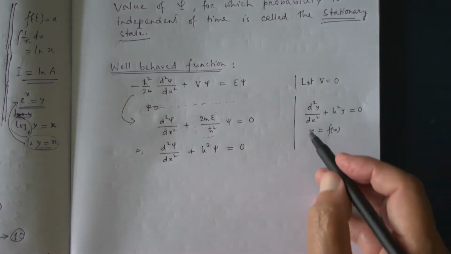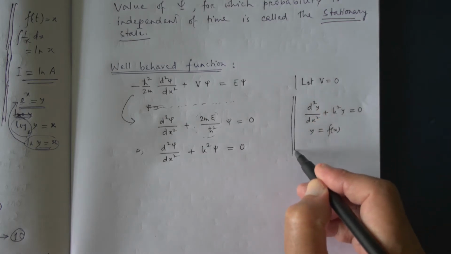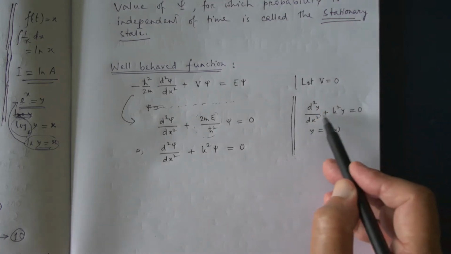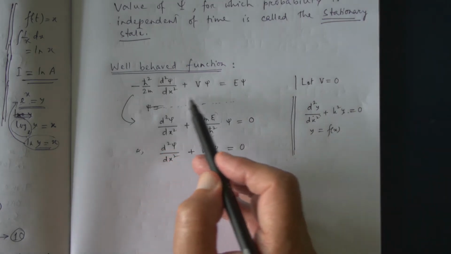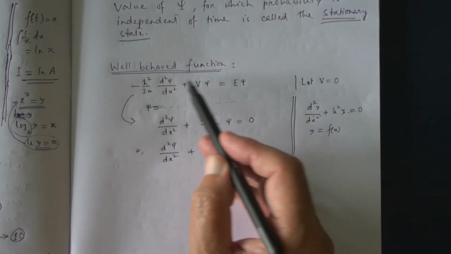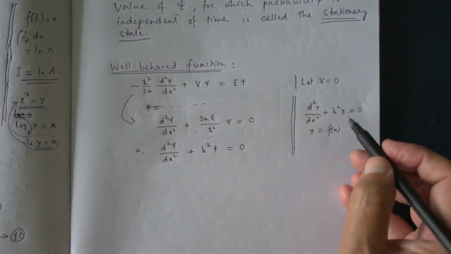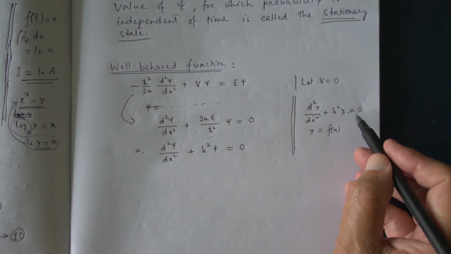So it is the same equation. This is a second order differential equation. So the Schrodinger equation is basically a second order differential equation.